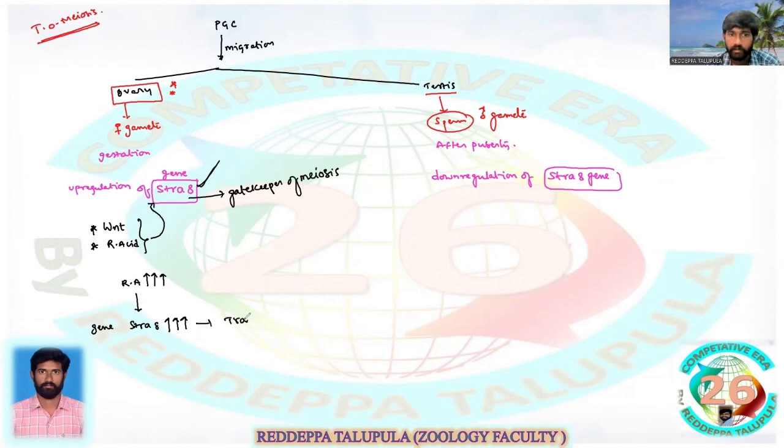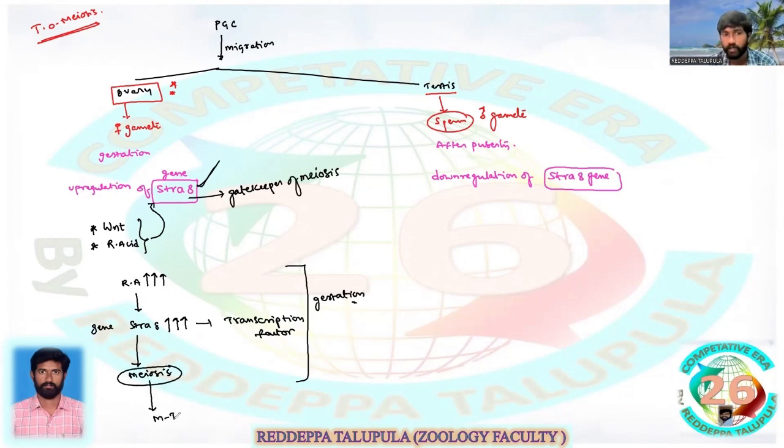It acts as a transcription factor that promotes meiosis. All these things happen in gestation. Then meiosis will be arrested after a certain time period, in meiosis 1, prophase 1, at diplotene. These things will be clearly mentioned when I deal with oogenesis.